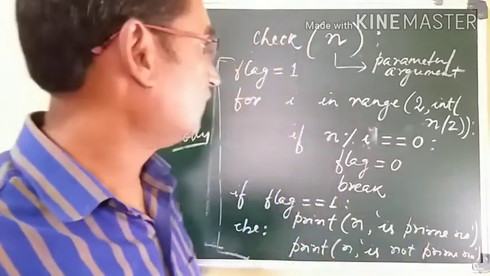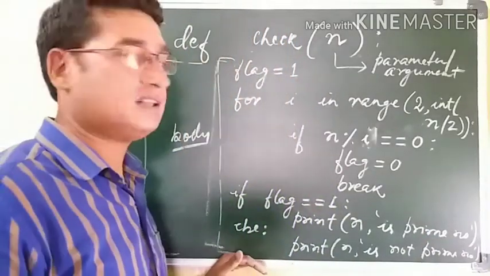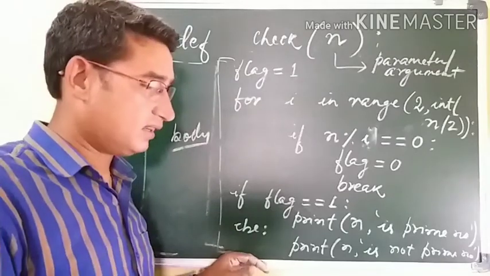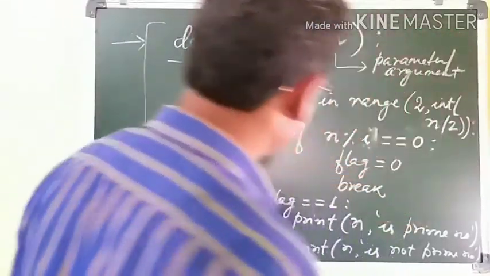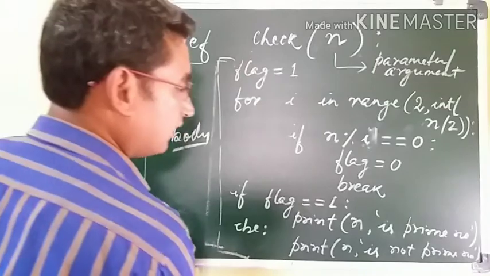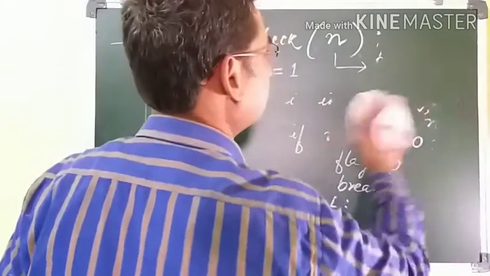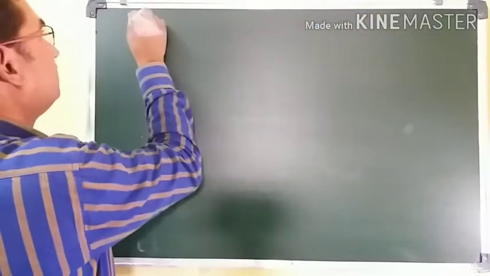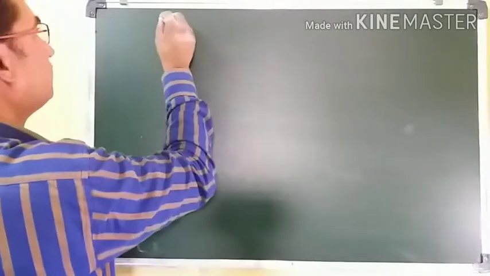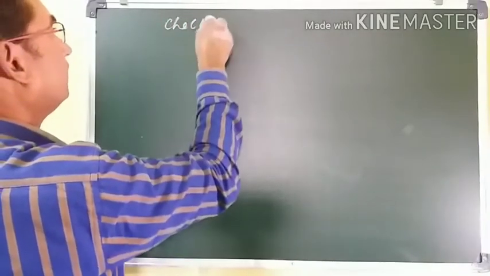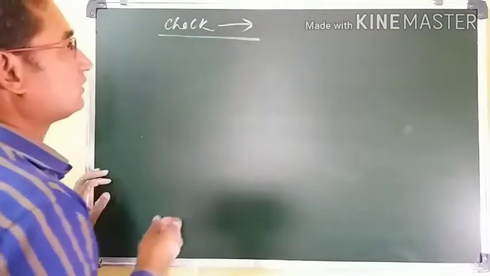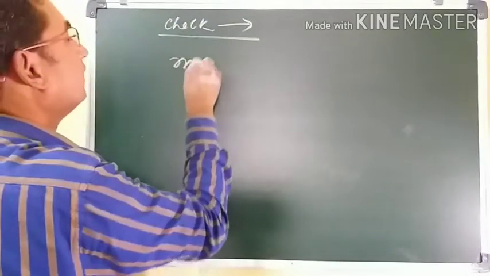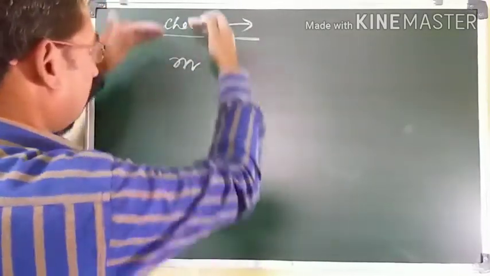And the third point was, once you have written the function, that function can be called again and again. Suppose I am calling this function; this is the same check function written here. Now I am writing code after this function.